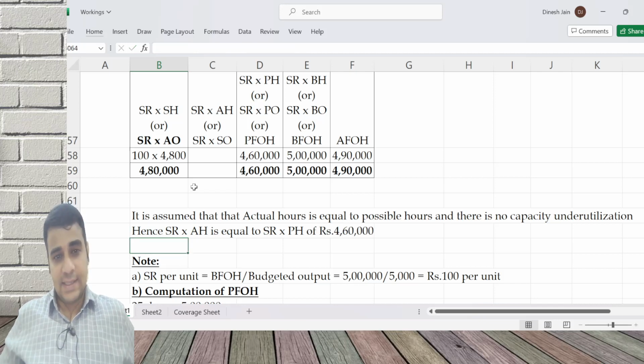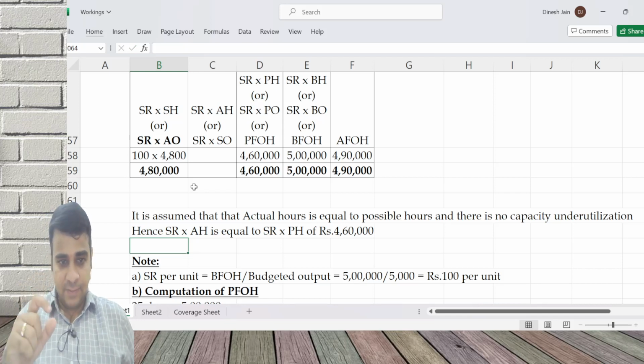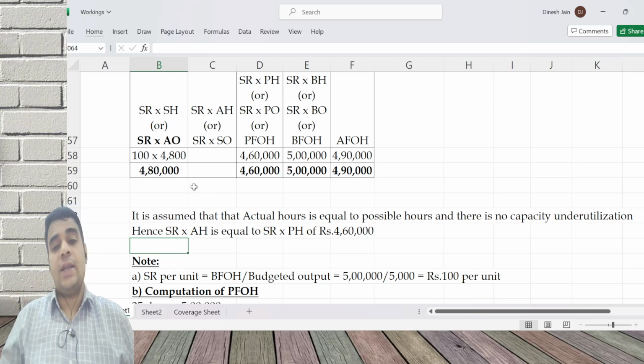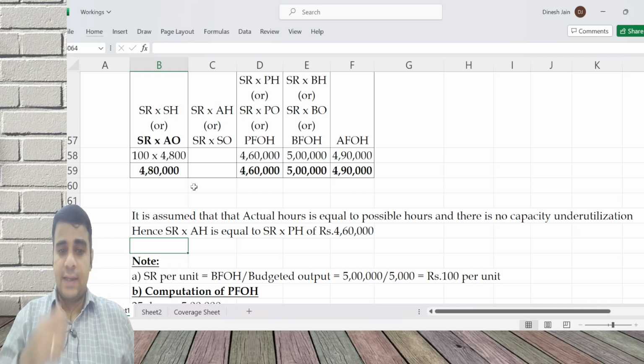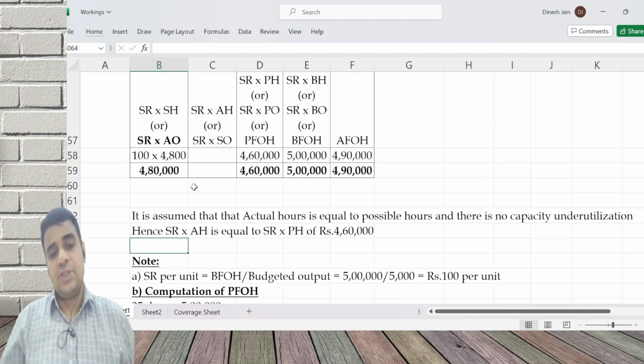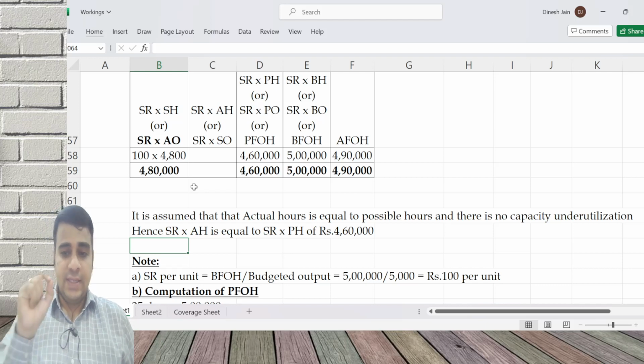I don't know what SR per hour is, let's not be worried about that. In this question, capacity variance is not asked, but I have to make such an assumption. If I don't make an assumption, I'll not be able to close the question. They've asked for efficiency variance and all. So we are making an assumption that SR into AH is equal to SR into PH.